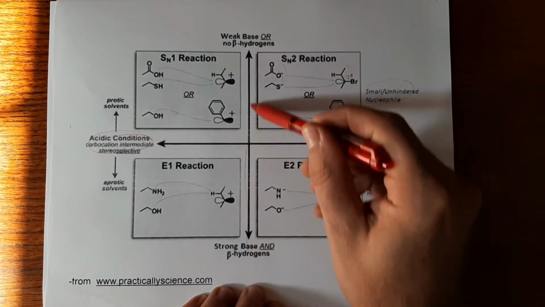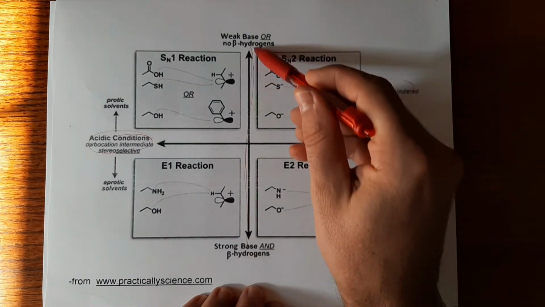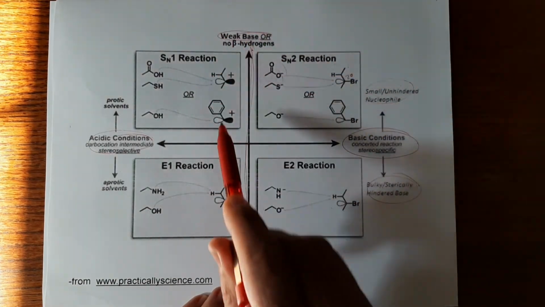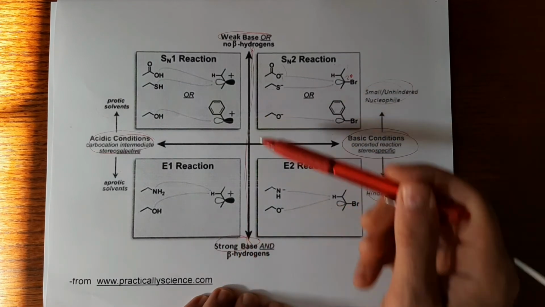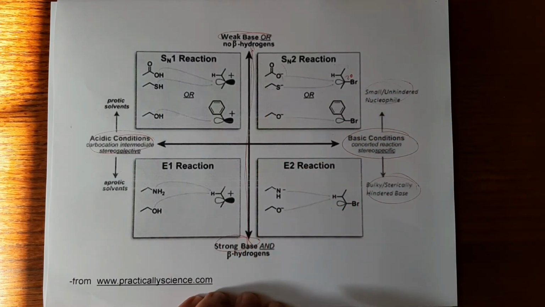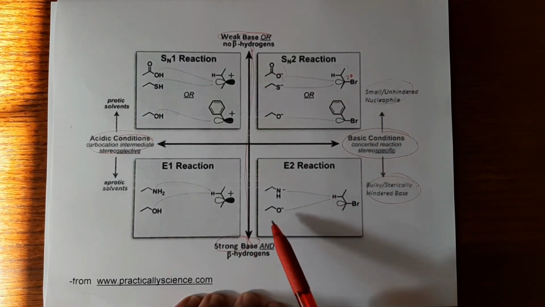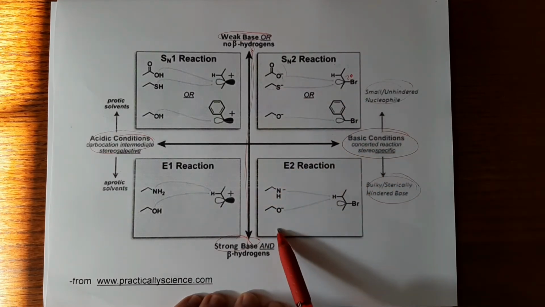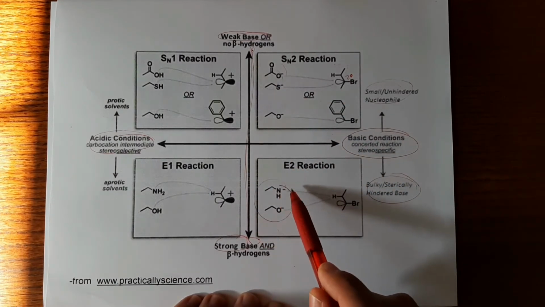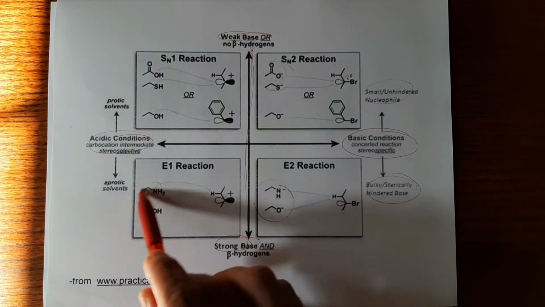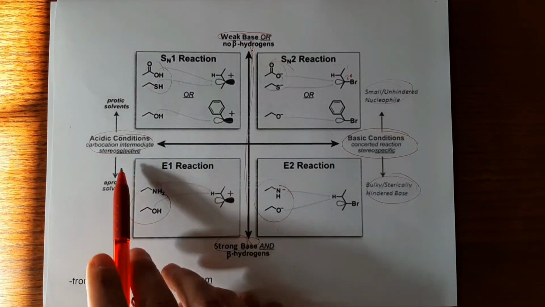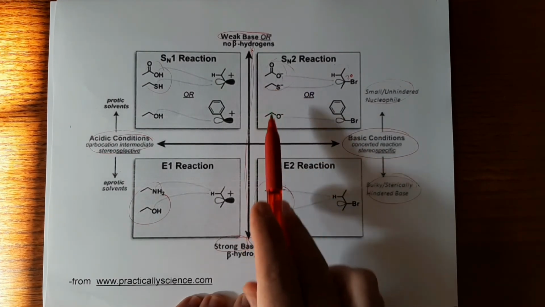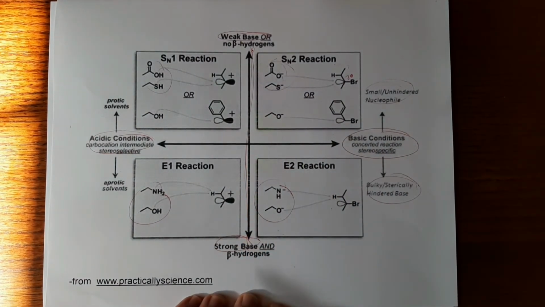You can generally differentiate on this axis by going weak bases will prefer substitution, strong bases will prefer elimination. So you can see that in the examples they've given, where they've given you examples of stronger bases versus weaker bases in acidic conditions, versus stronger bases versus weaker bases in basic conditions.